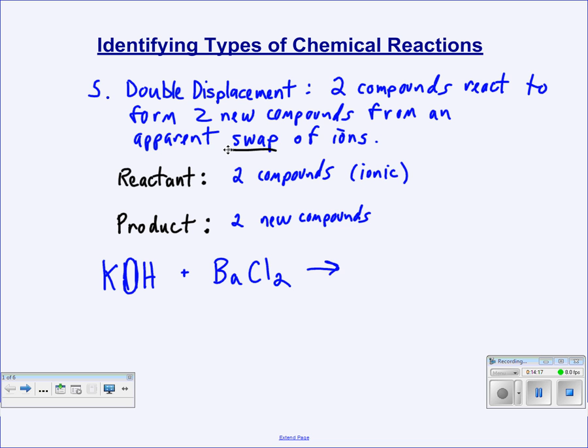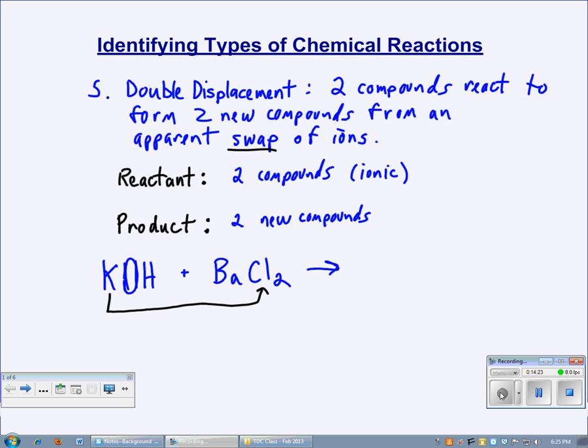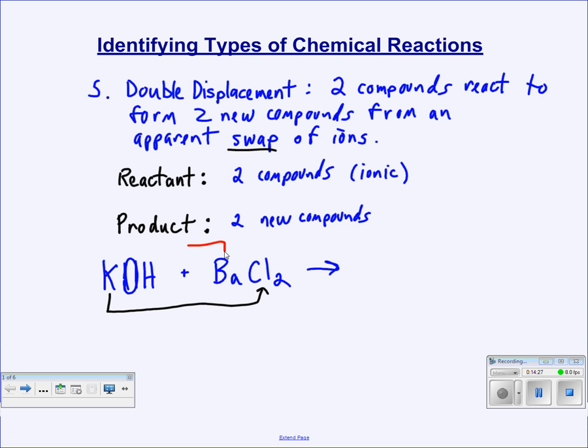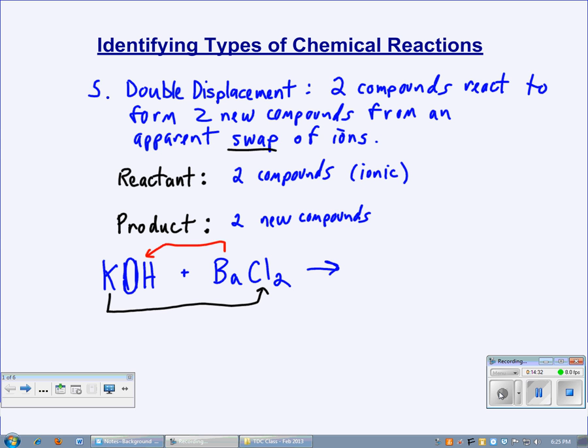So what's going to happen here is that potassium sees barium dancing with chloride, and potassium would rather dance with chloride, and barium sees hydroxide and would rather dance with hydroxide. And so kind of like in a square dance arrangement, instead of a waltz, as we talked about with single displacement, these guys will swap dance partners. That's the way I look at it.